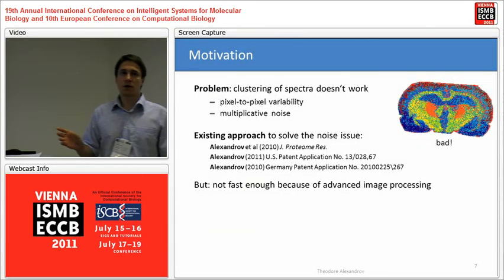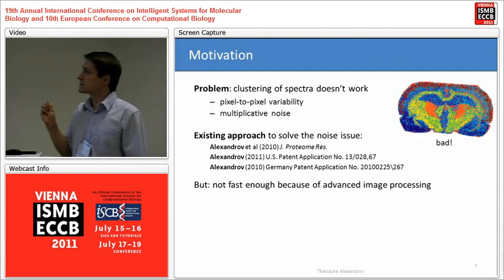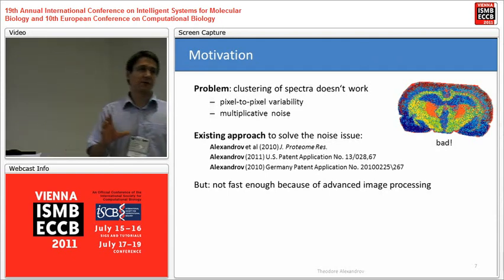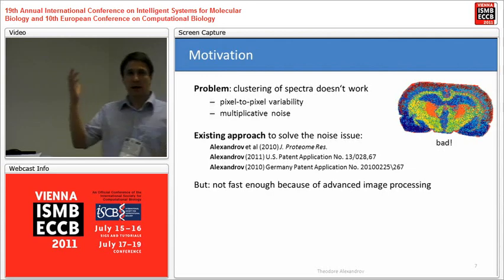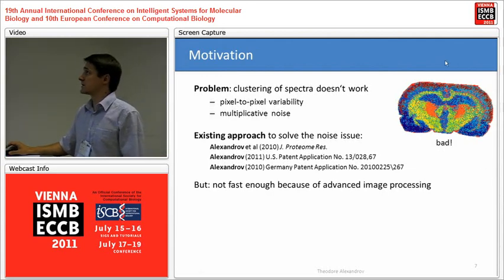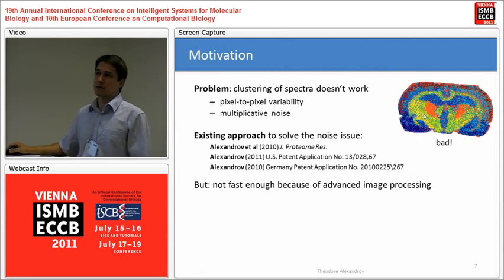The motivation for this work was the problem that if we just take our spectra and cluster them with a clustering algorithm, what we get is a very inappropriate, noisy segmentation. So we have developed one approach to solve this noise issue, and we have published it.